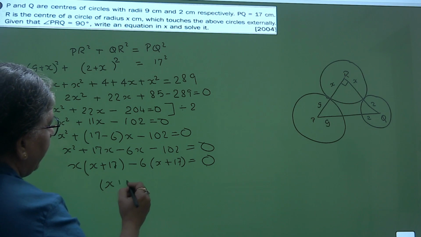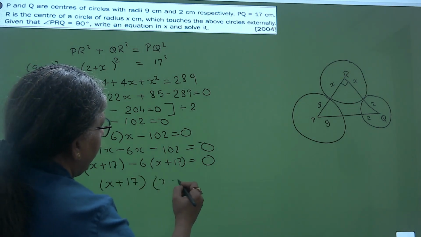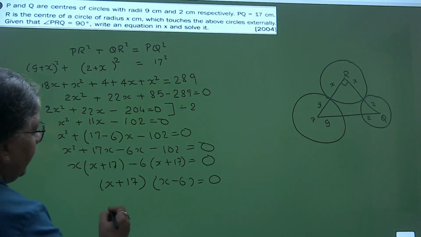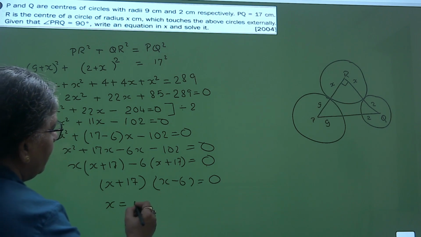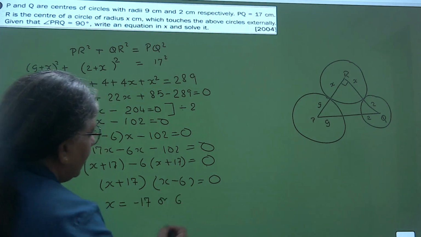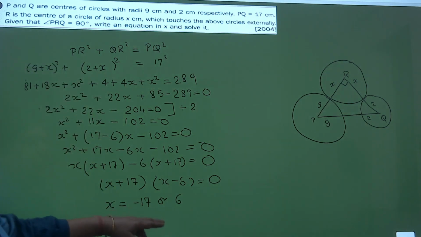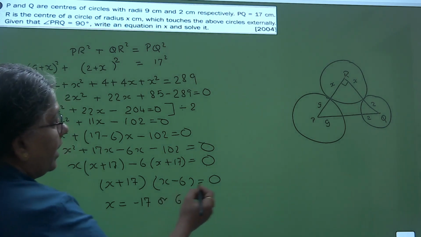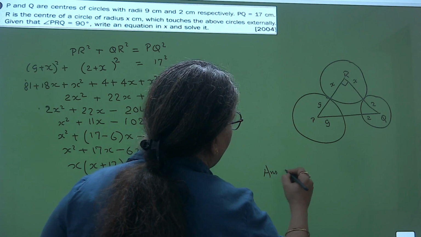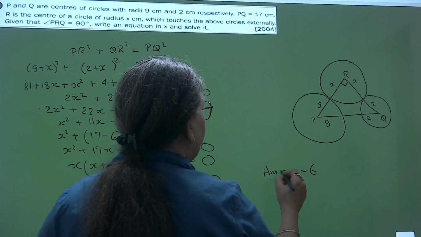Then we get two brackets, x plus 17 and x minus 6 is equal to 0. So we get two values of x. x is equal to minus 17 or 6. So we'll ignore the negative number, and so the answer will be x is equal to 6. So this is your answer.